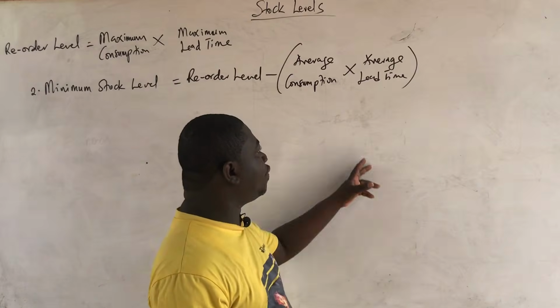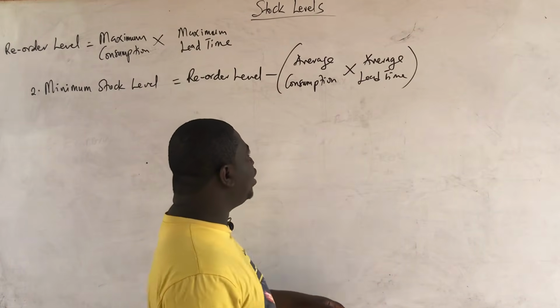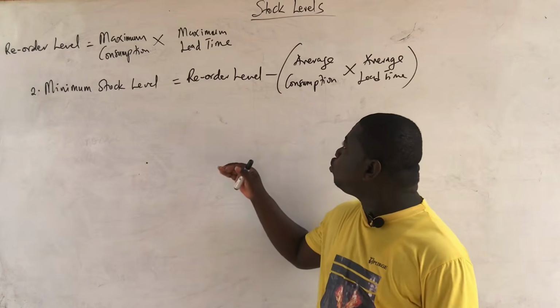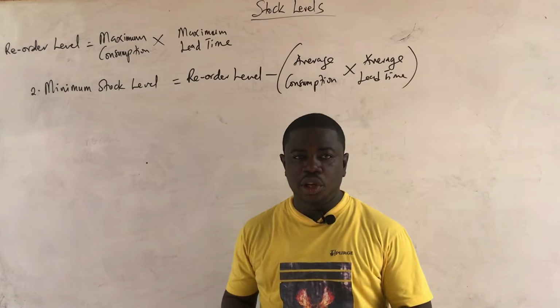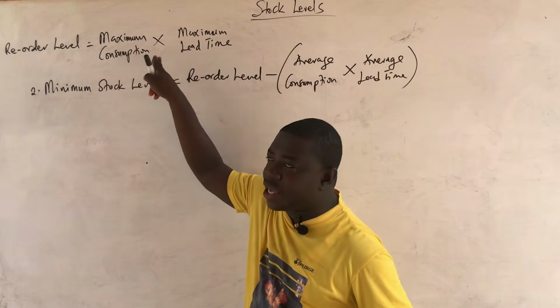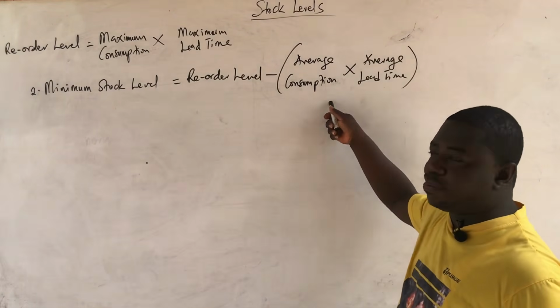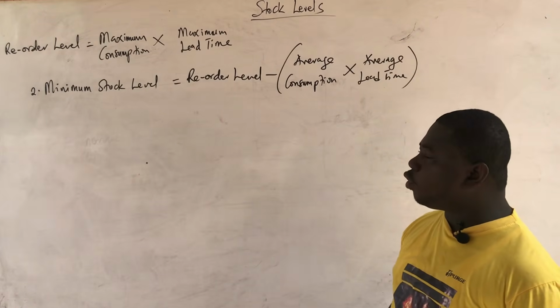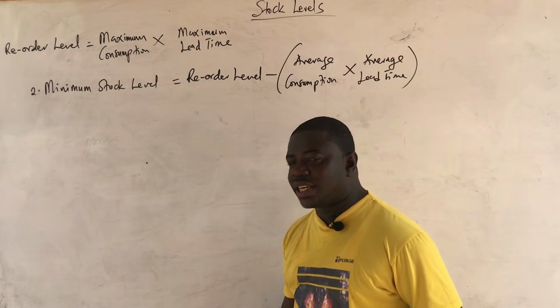That will be 8,500. So you multiply the two averages and then subtract that from the reorder level, and that is going to set for you the minimum stock level. And so we have moved from maximum multiplying maximum to average multiplying average, but now we are taking that out of the reorder level. So this is the risk aspect.